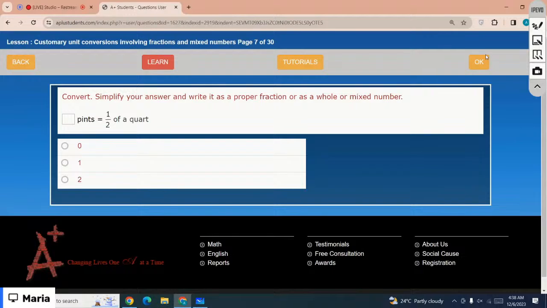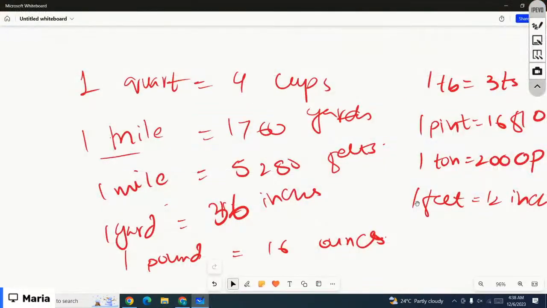Okay, half of a quart equals how many pints? Quarts to pints.